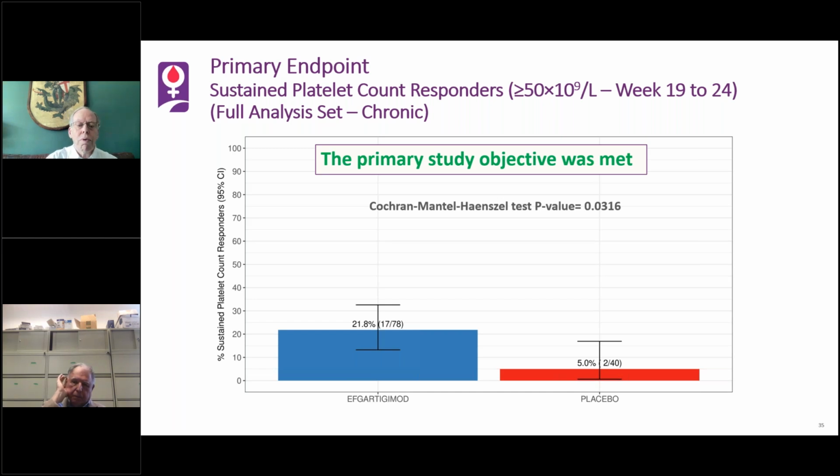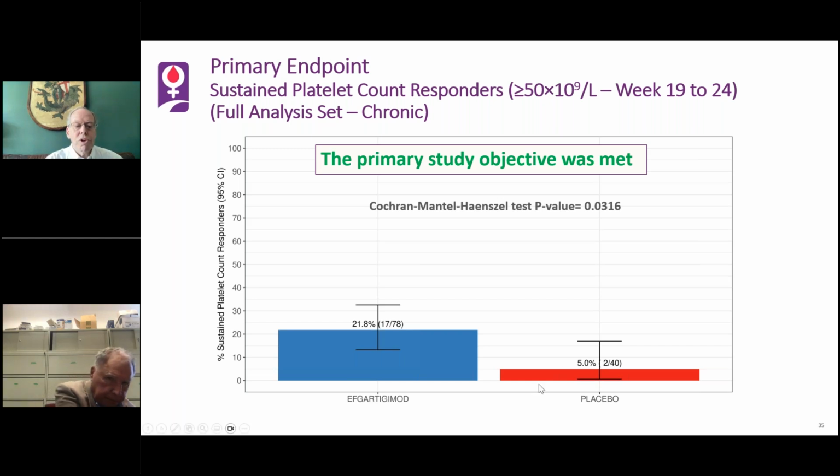And this was the primary study objective, which was to have 6 out of 8 of the platelet counts greater than 50,000, 4 out of 6 of the platelet counts greater than 50,000 at the end of the study, so in weeks 19 to 24.